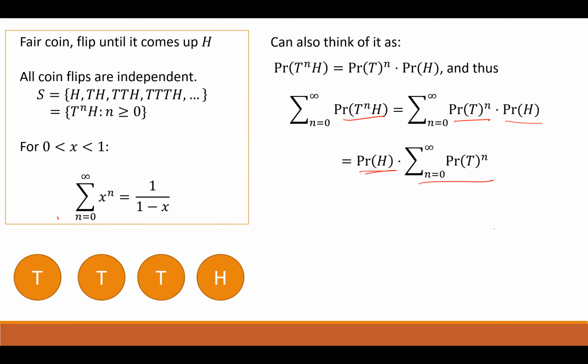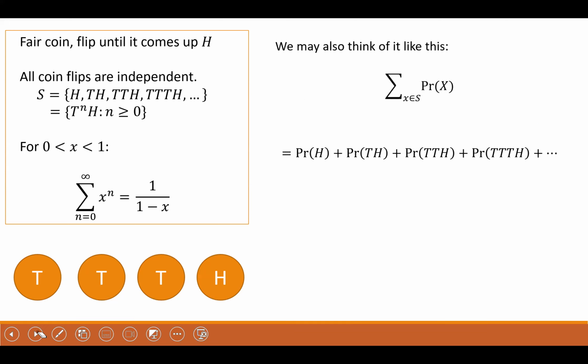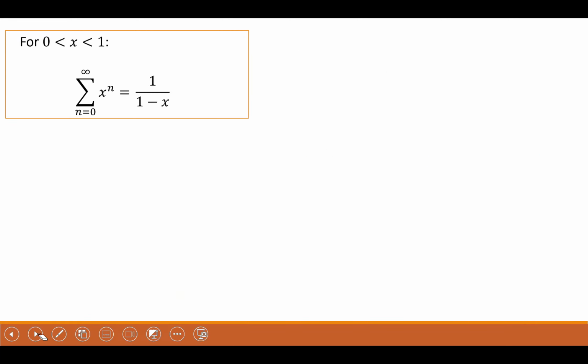And then I have the sum from n equals 0 to infinity of the probability of tails to the power n, and I get the same answer. I might do one more here, but we will skip that one. If you look at the individual terms, you get this series 1/2 plus 1/4 plus 1/8 plus 1/16, which you can convince yourself sums to 1. I'll leave that as an exercise for you.